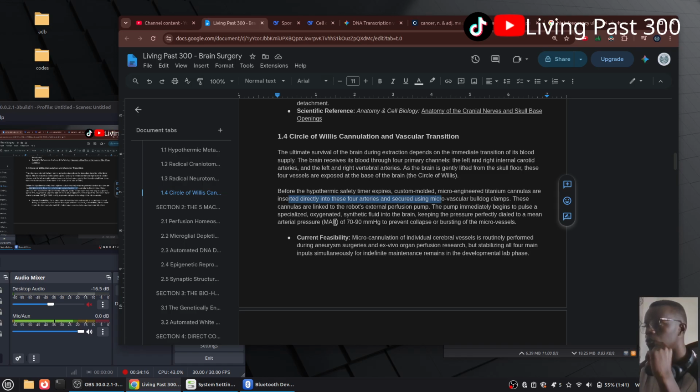Also, you have to make sure that the pressure is average to what the brain is used to. Otherwise, it would be a nightmare, and it would burst all the microvessels inside of the brain.